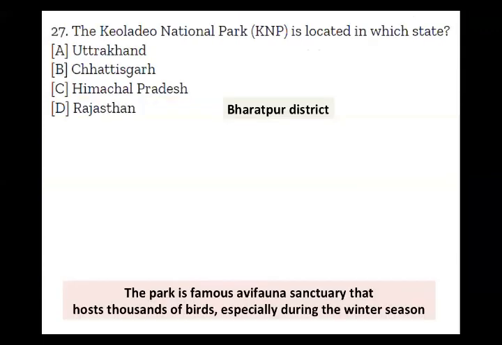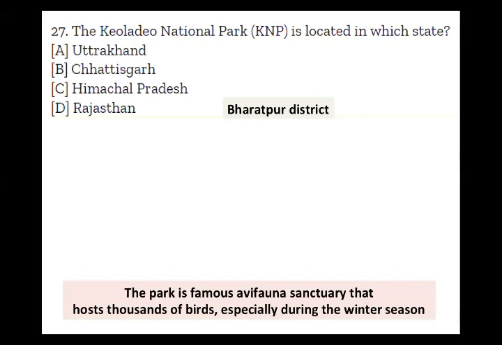The Keoladeo National Park is located in which state? We know that very well. It's Keoladeo, which belongs to the desert region, Bharatpur district of Rajasthan. This national park also has some notable species. Especially in the winter seasons, it provides shelter for several migratory birds.